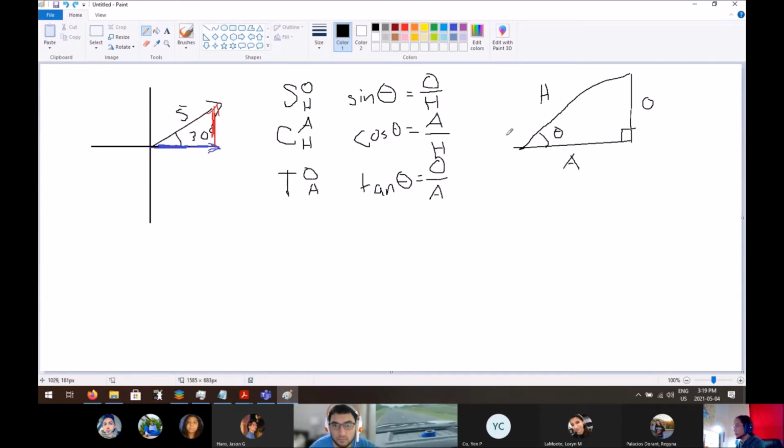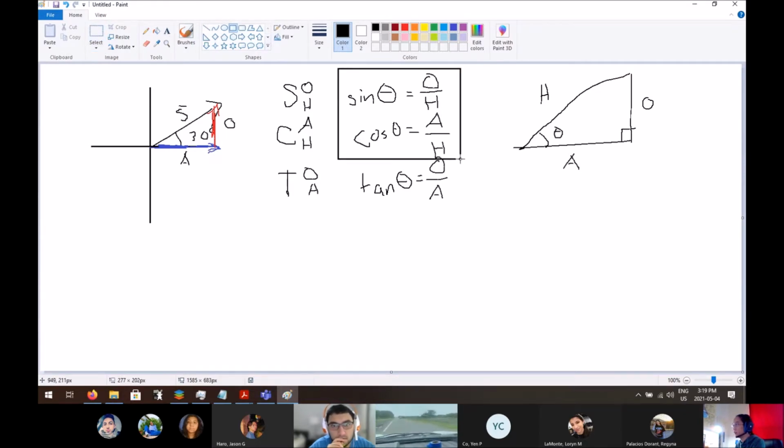Now, the x and the y line up with what the adjacent side is and the opposite side is, right? We know the hypotenuse is equal to 5, so we would use two equations that both have the hypotenuse, which is a known factor, and either opposite or adjacent. So we'd be using sine and cosine.